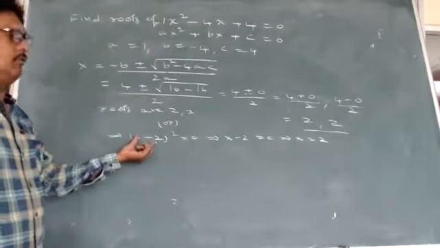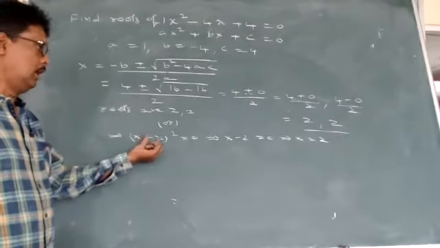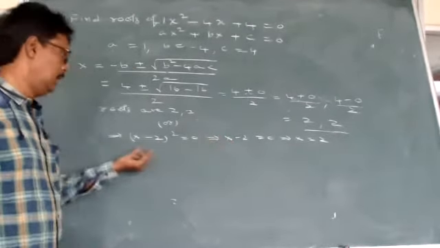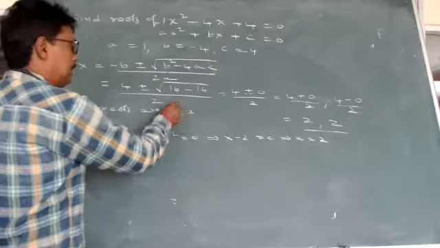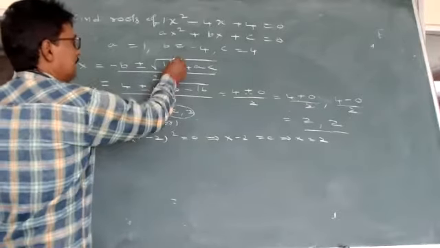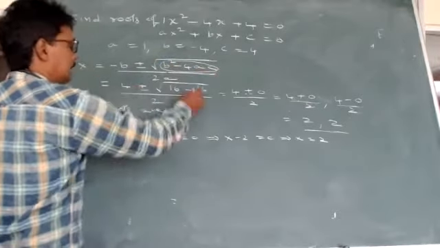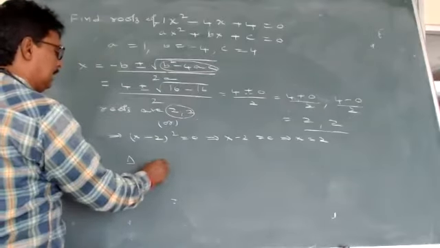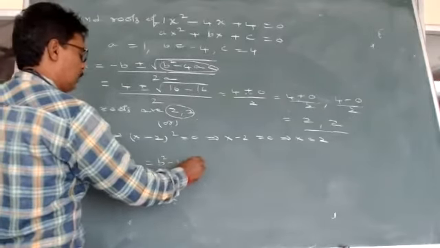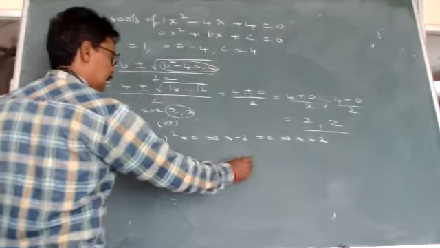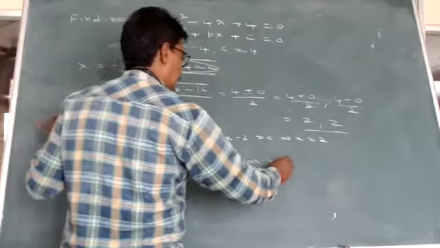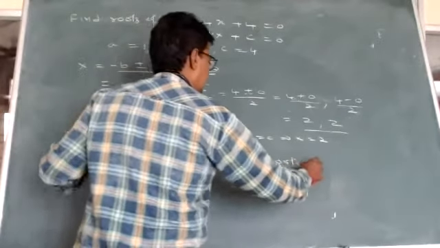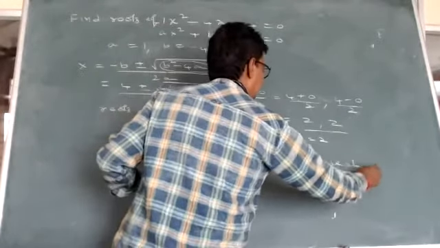Since this is a perfect square, we can write the factors like this also. The roots are the same, which means the discriminant delta, b square minus 4ac, is 0. That means the roots are real and equal.